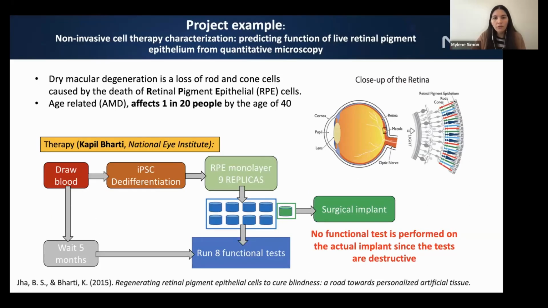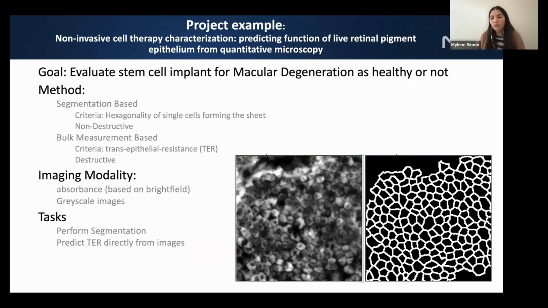And this is just some explanation about the images that I showed for the unit segmentation workflow. It was using images from the retinal pigment epithelial cell project, to have a simple explanation on that.